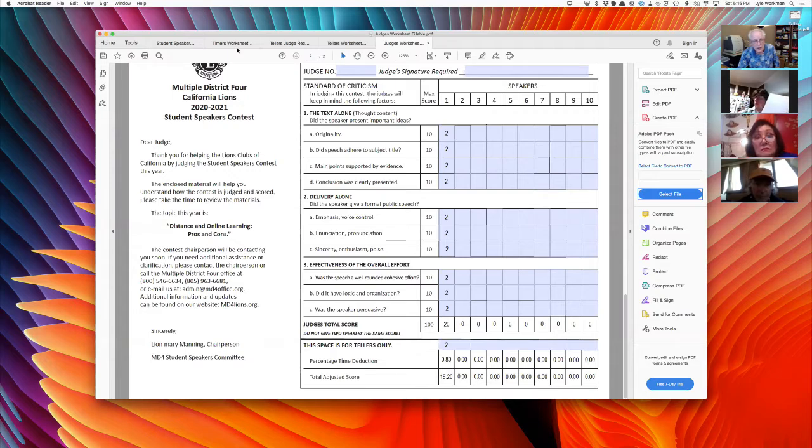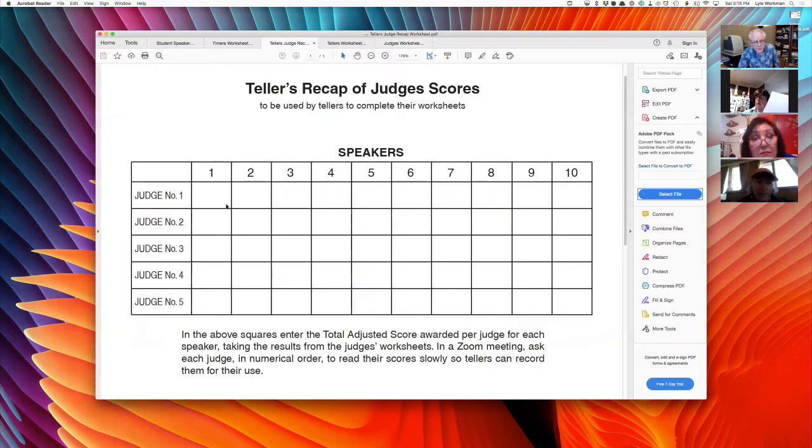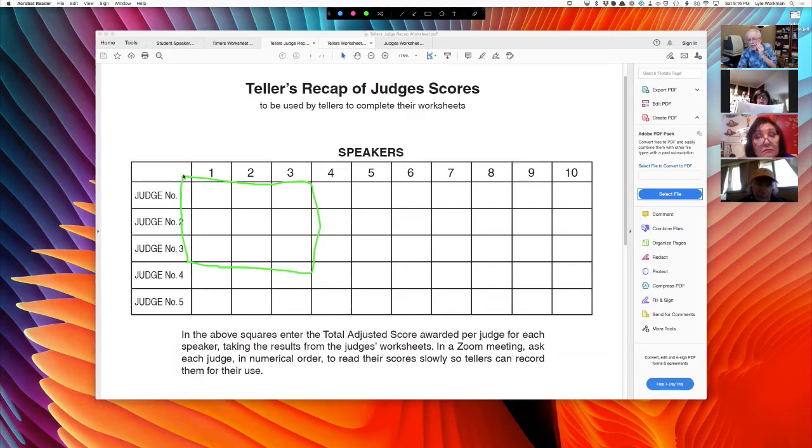Everybody with me? Yes. Okay. If we have 3 speakers, those 9 boxes should have scores in them by the time the judges finish announcing their scores. Any questions about all that? Nope. Okay, excellent.